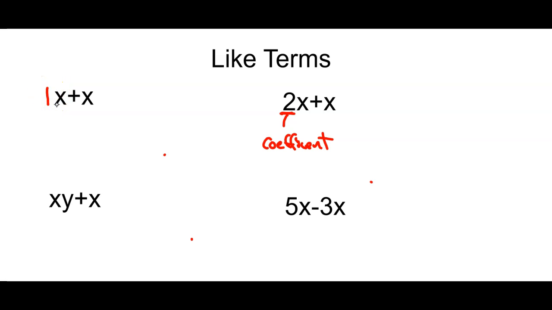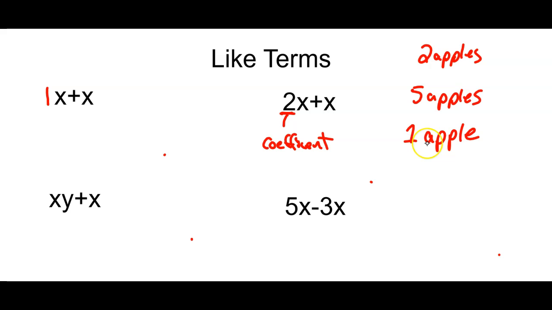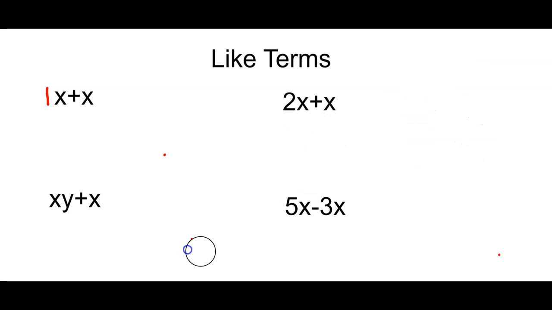It's just like when you're talking about apples. You might say that you have 2 apples or 5 apples. But if you have 1 apple, sometimes you'll just say, I have an apple. But you won't put a 1 in front of it, or you could say, I have 1 apple. But generally, as far as when we're writing out the variables, we don't put the number in front if you just have one of that variable.